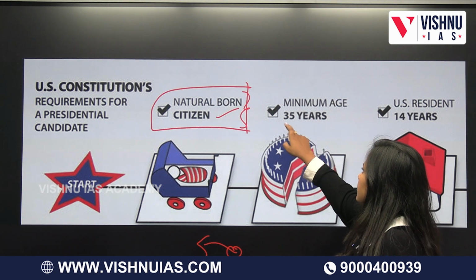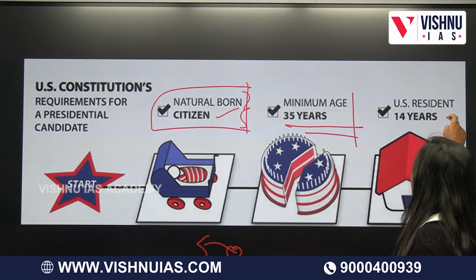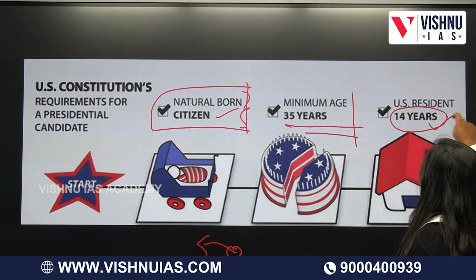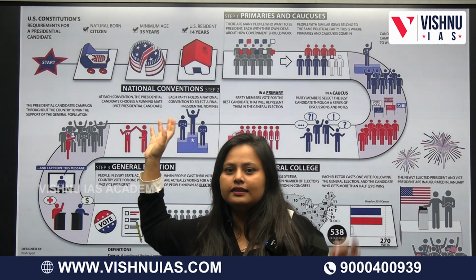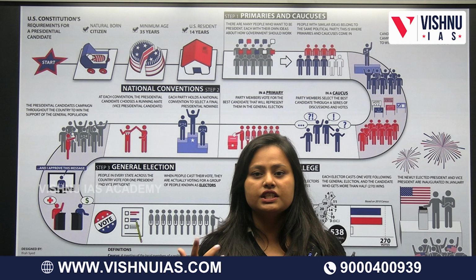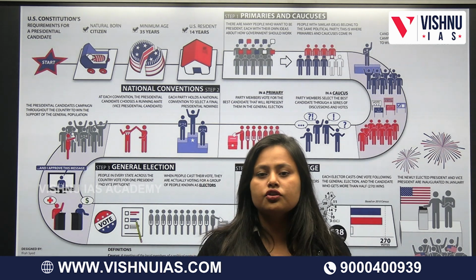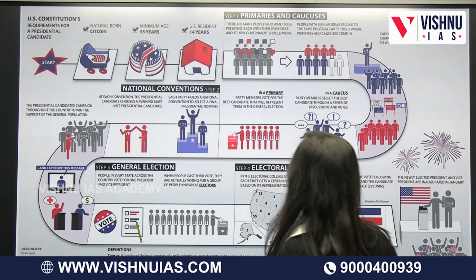And as is common, there is a minimum age of 35 years and they should have been a resident for the past 14 years. Okay, these are some key terminologies to understand the presidential election procedure of this oldest democracy and largest economy.